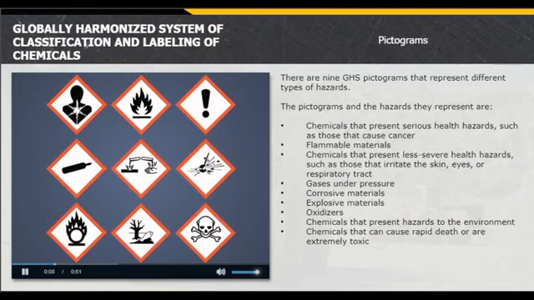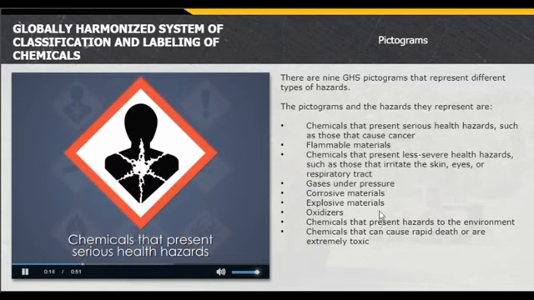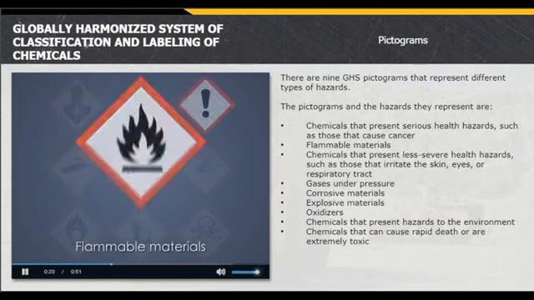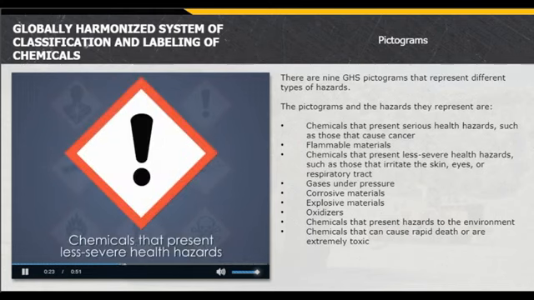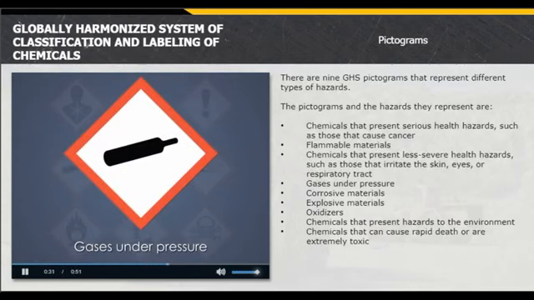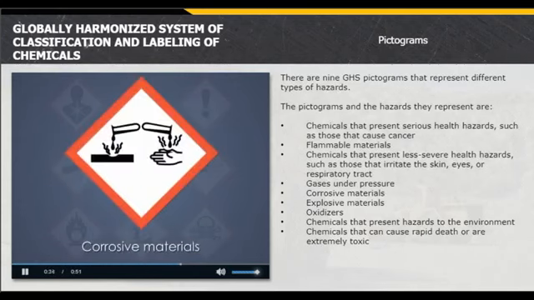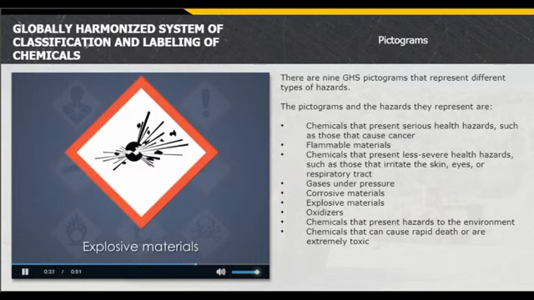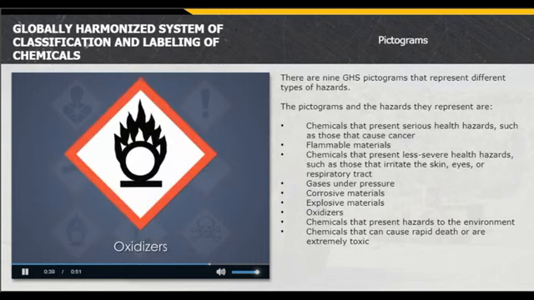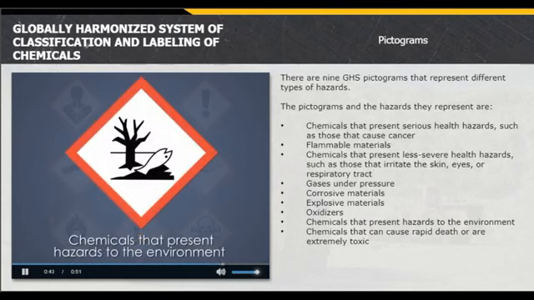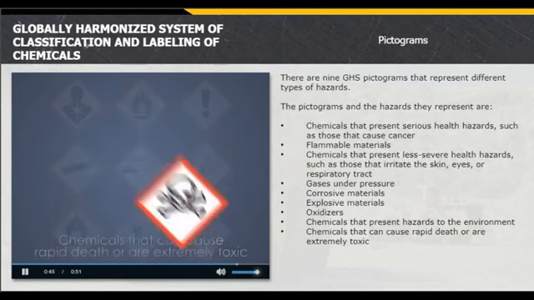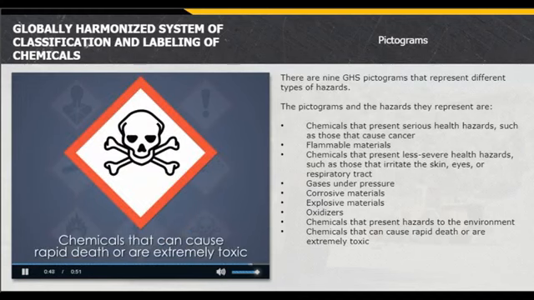The pictograms and the hazards they represent are chemicals that present serious health hazards, such as those that cause cancer, flammable materials, chemicals that present less severe health hazards, such as those that irritate the skin, eyes, or respiratory tract, gases under pressure, corrosive materials, explosive materials, oxidizers, chemicals that present hazards to the environment, and chemicals that can cause rapid death or are extremely toxic.